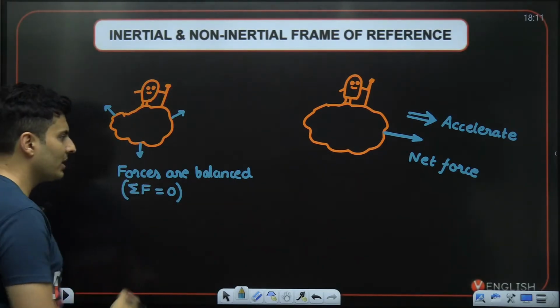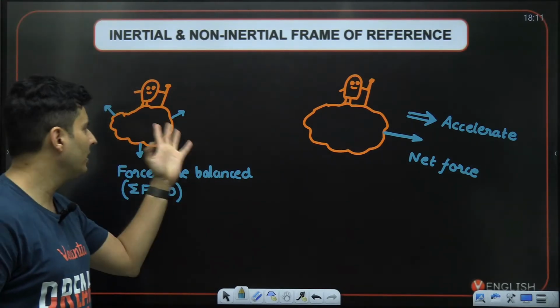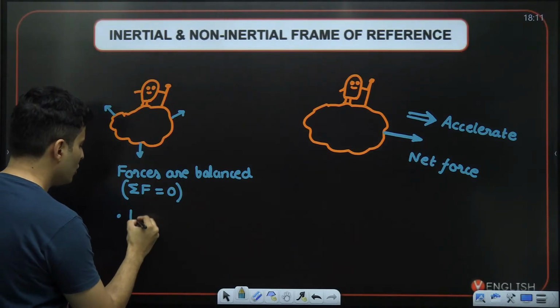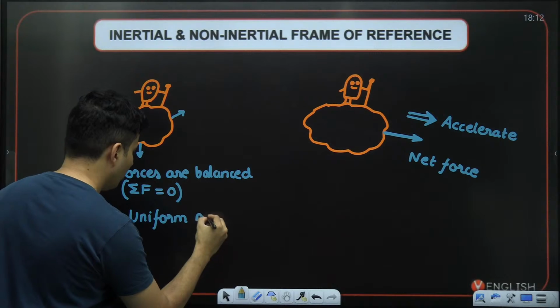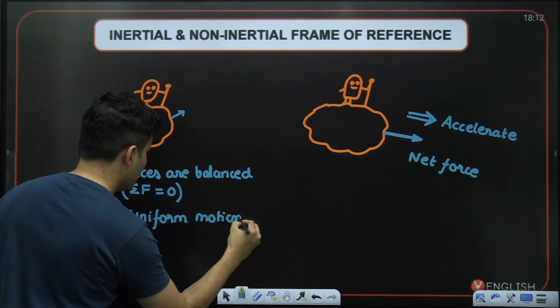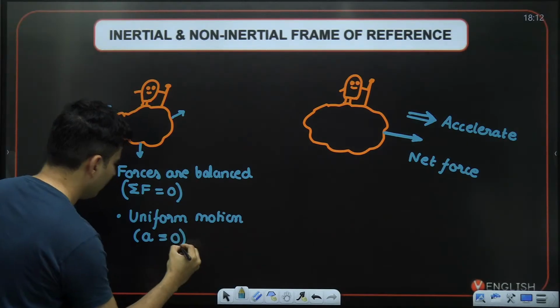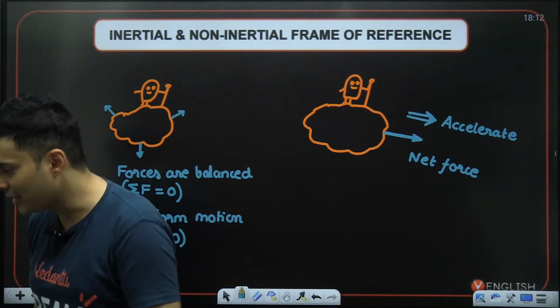In such a situation, by Newton's first law, what should happen? It will not accelerate. Therefore, it will be nothing but a uniform motion. That means the acceleration will be a big fat zero.